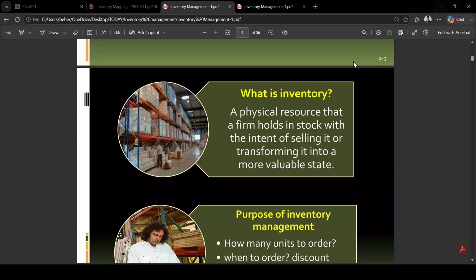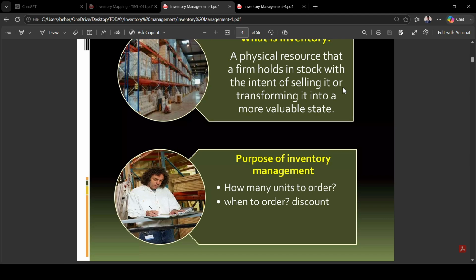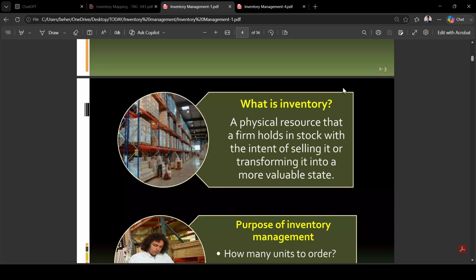So what is inventory? A physical resource that a firm holds in stock with the intent of selling it or transferring it to a more valuable state.